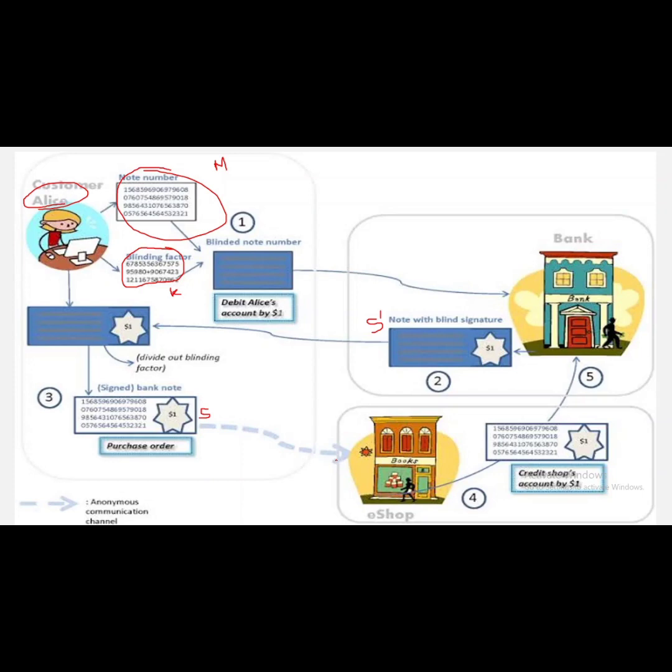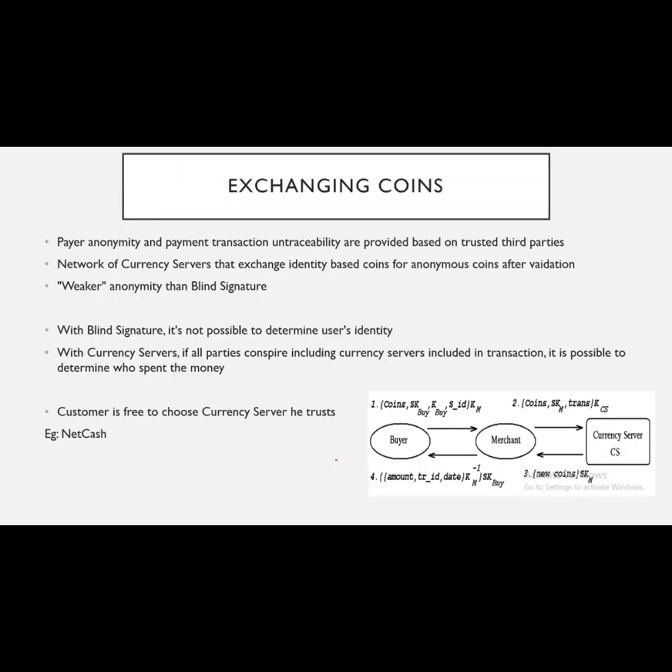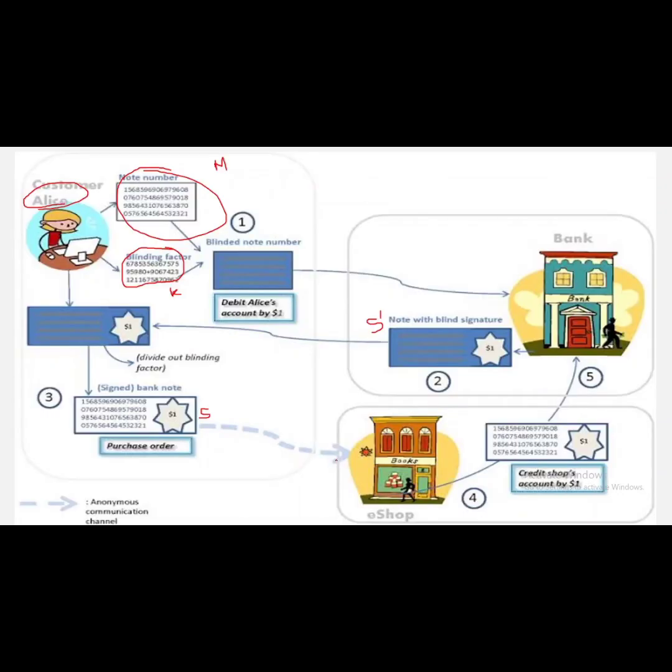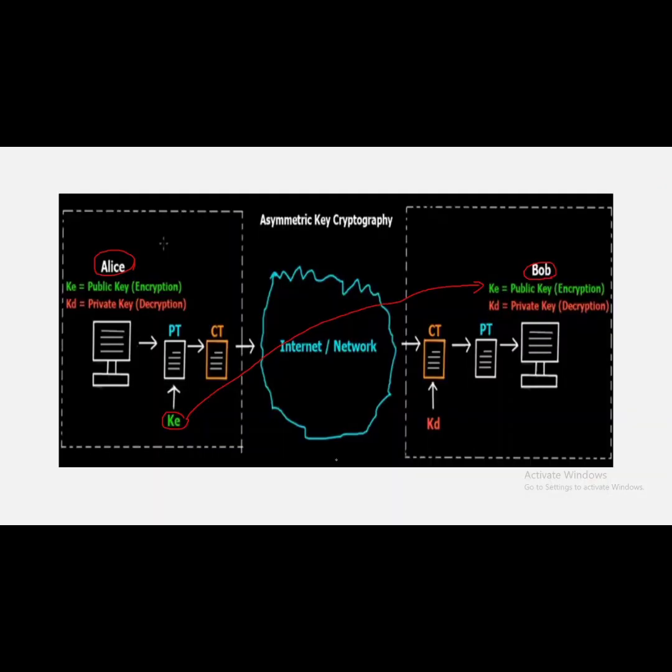And in the other messages, if everything is debit Alice's account by $1, then the bank knows that there is no foul play involved, and he just signs the M4 note and sends it back to Alice, who can use that signed note for transactions. So that's about blind signature.